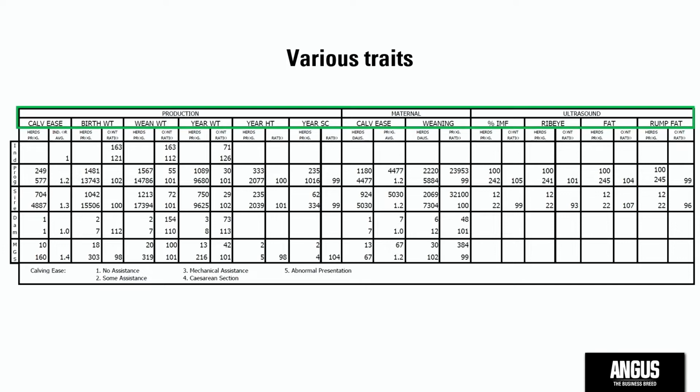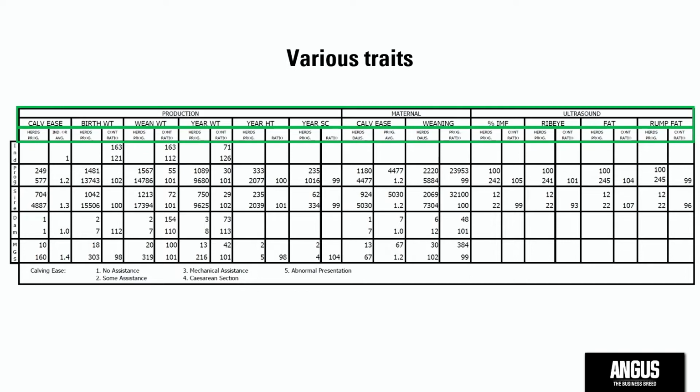So if we hone in really on that box that was highlighted and we look at those various traits, you'll notice that there's 12 traits that are included for each animal. These traits range from things like birth weight and weaning weight and yearling weight, all the way to things like carcass ultrasound records. Now, the trait will determine what is the information underneath of it.